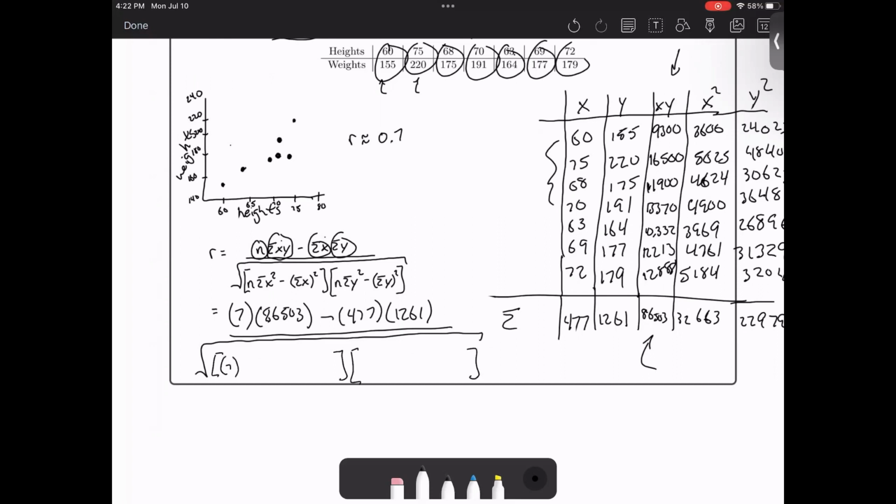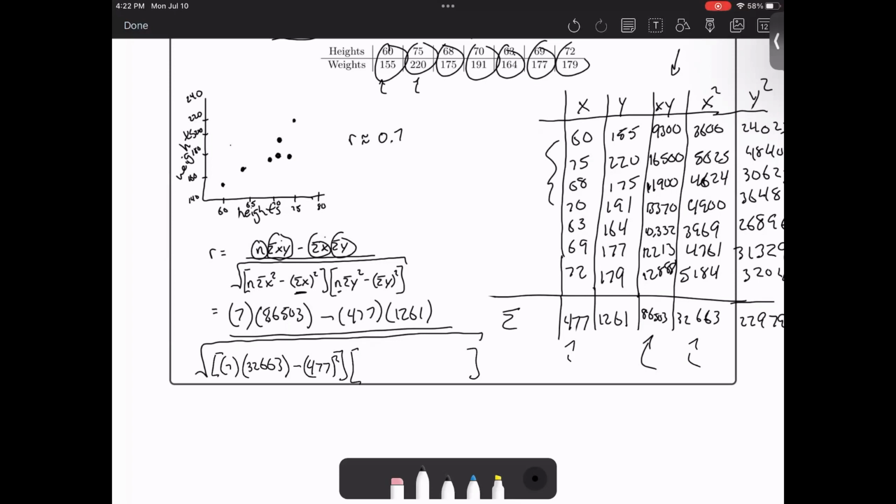N is 7 times the sums of the x squareds, 32663, minus the square of the summed x's, so 477 squared.